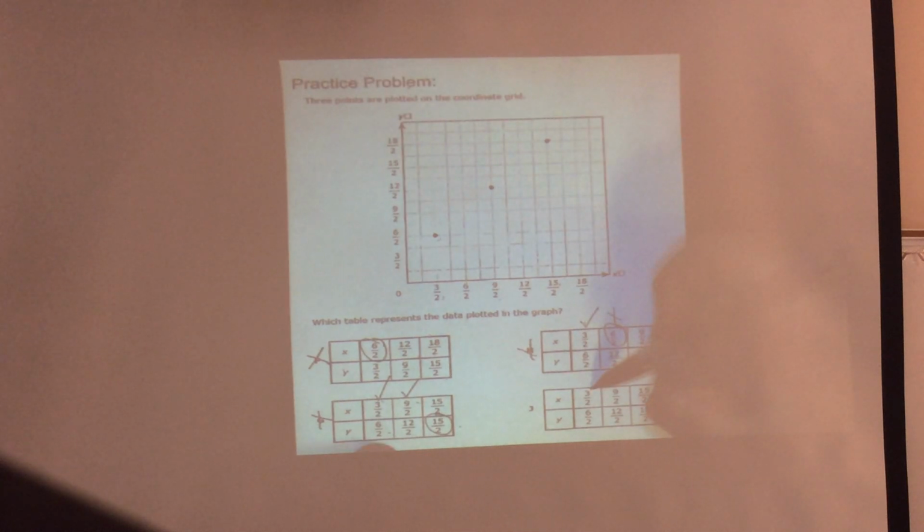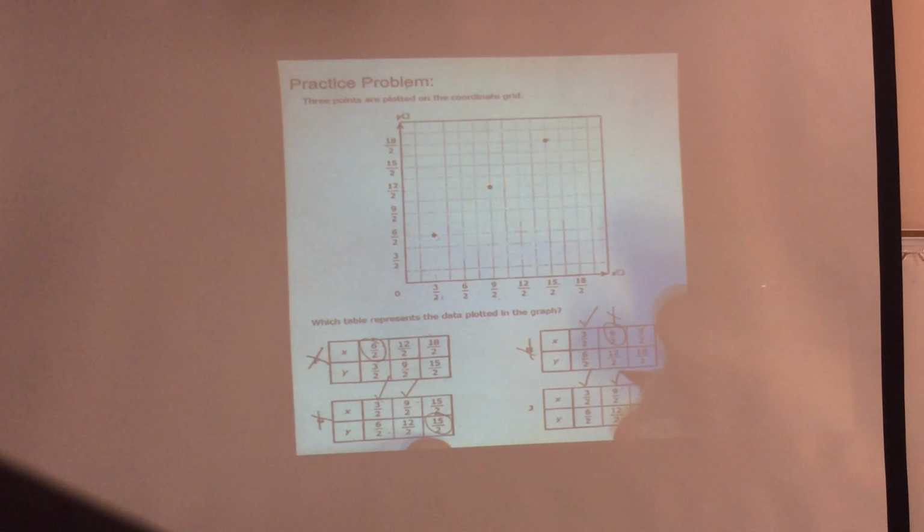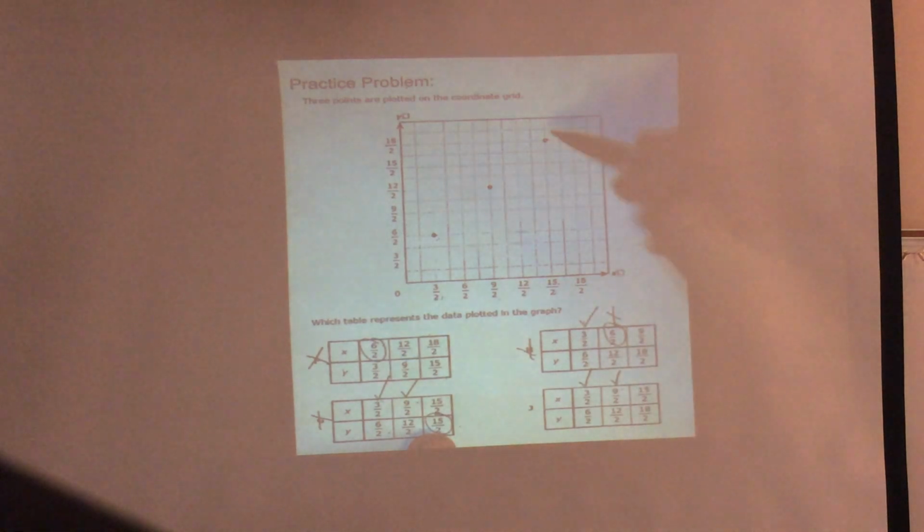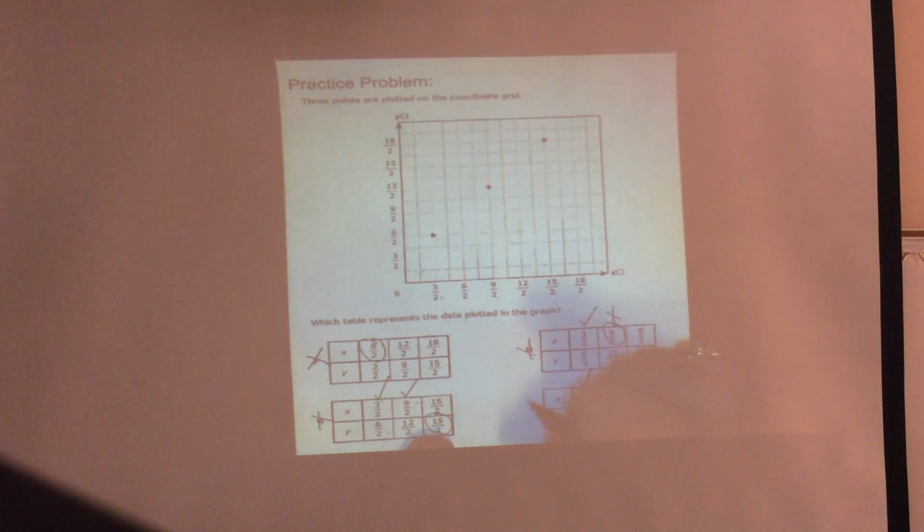Here, 3 halves, 6 halves. That's right. 9 halves, 12 halves. That's right. 15 halves, 18 halves. That's correct.